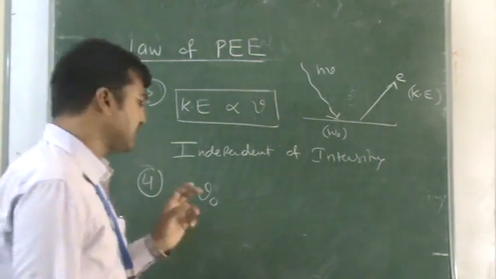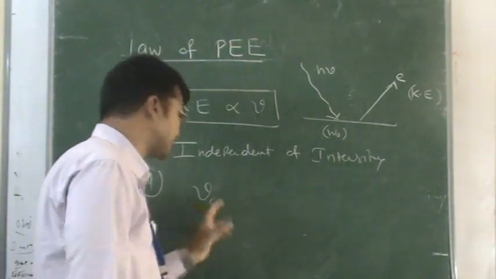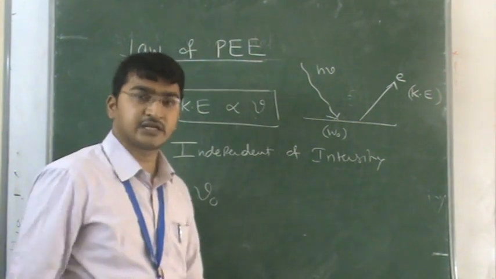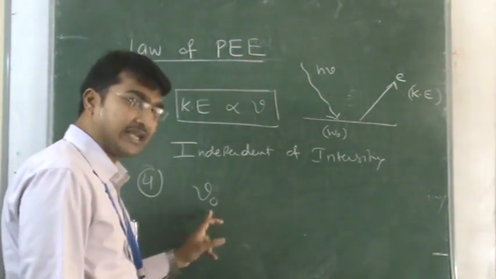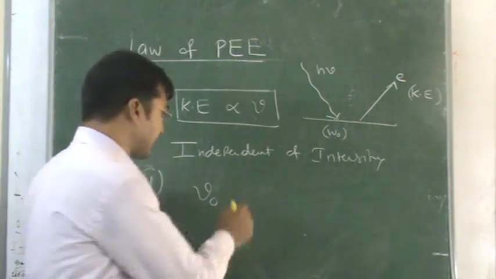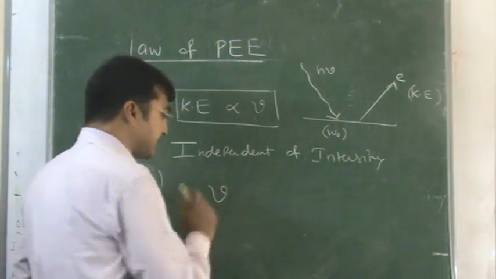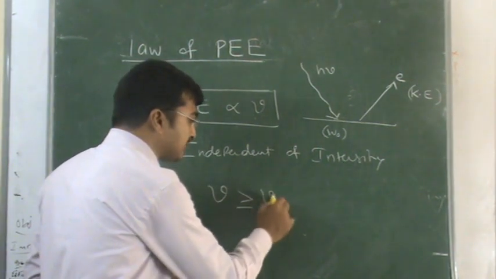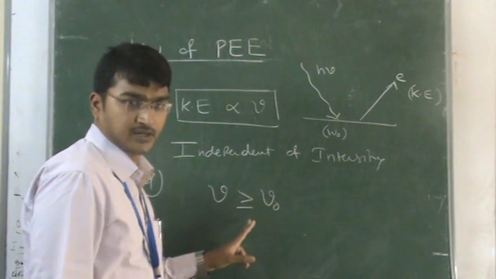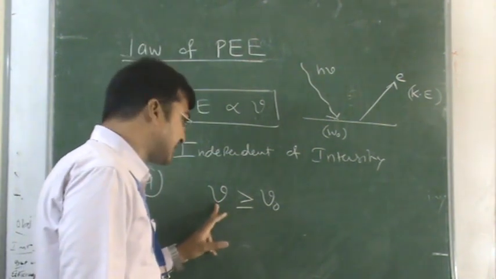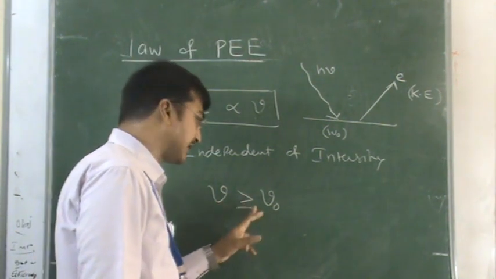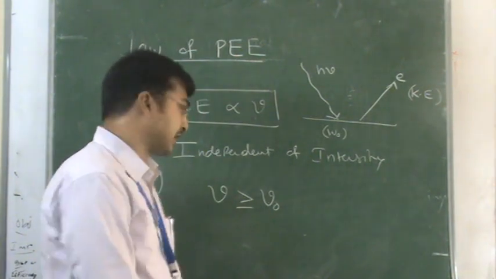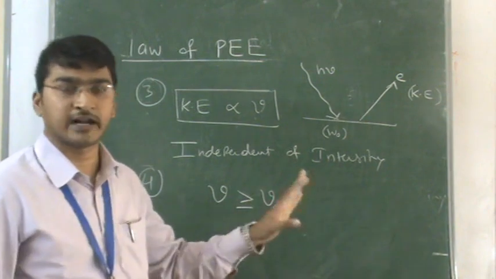That means the incident light must have a frequency equal to or greater than this. Taking the incident frequency as nu, it must be greater than or equal to nu naught. This is a condition, remember it. The incident light frequency must be greater than or equal to the threshold frequency, then only will you observe the photoelectric effect.